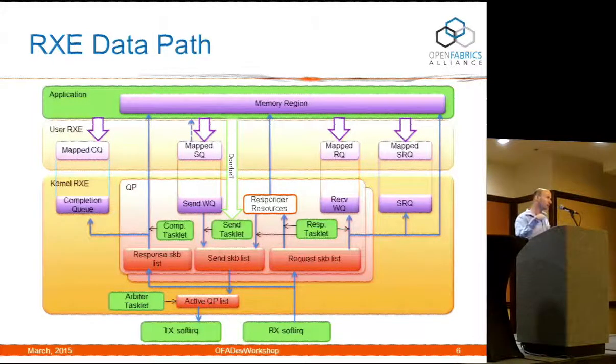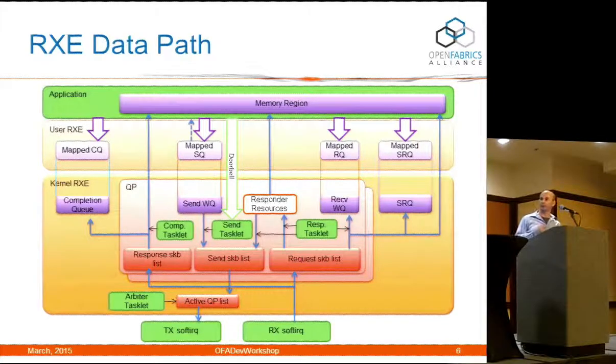It's going to do that in NAPI. That's called TCP fast path. If TCP can do that, so can we. So there is no reason whatsoever to have these two contexts, the responder tasklet and the completer tasklet, just a waste of overhead and a waste of latency.